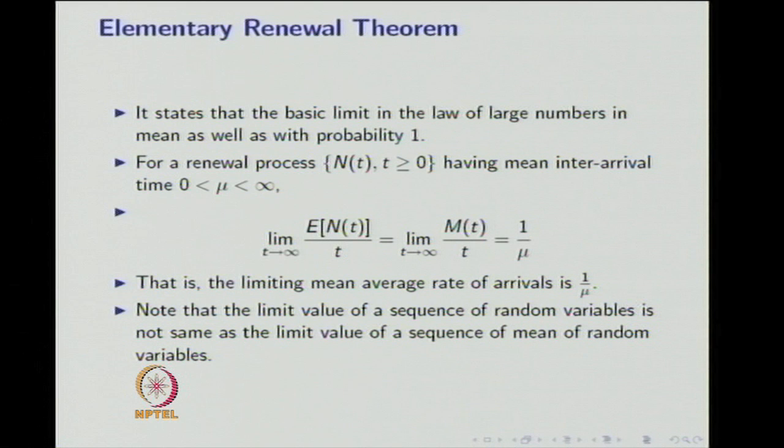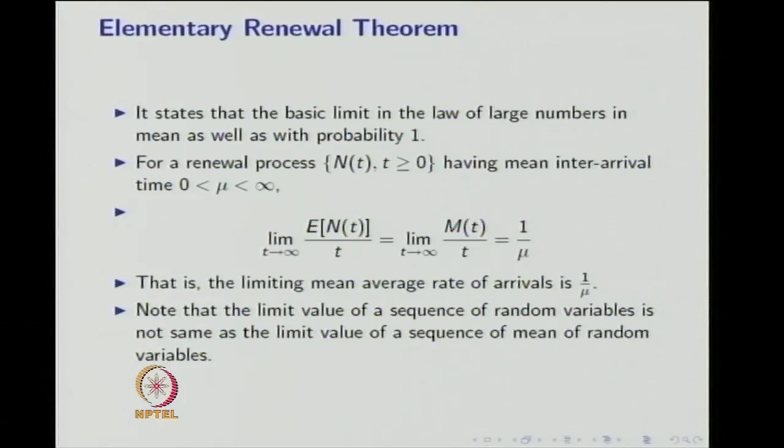Since N(t) goes to infinity almost surely, and by the strong law for renewal processes we get this result. This result shows that for large t, the number of renewals per unit time converges to 1 divided by mu. That is, the limiting mean average rate of arrivals is 1 by mu.